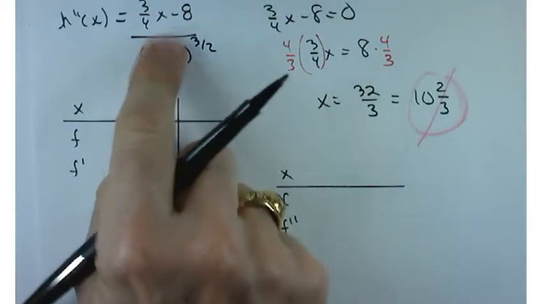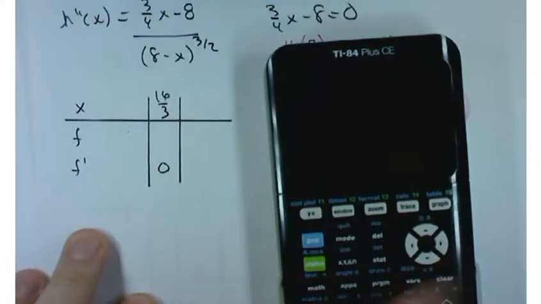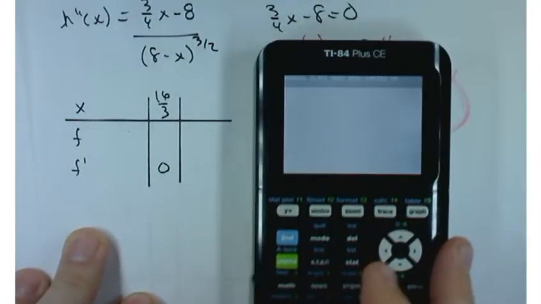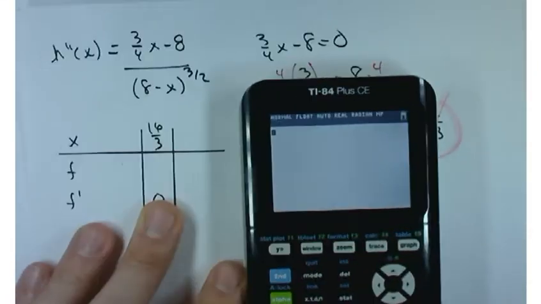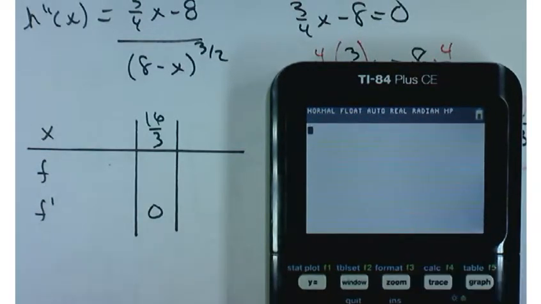Do we need practice putting this into our calculator and testing the points? I'm happy to do it. Okay, so let's do that. Now keep in mind, 16/3, like I said, is 5 1/3.